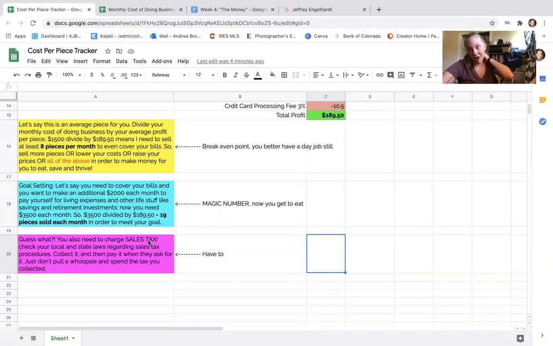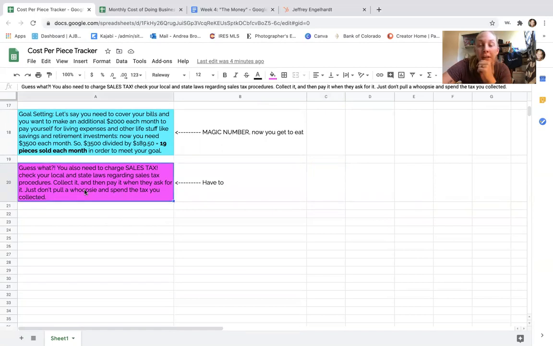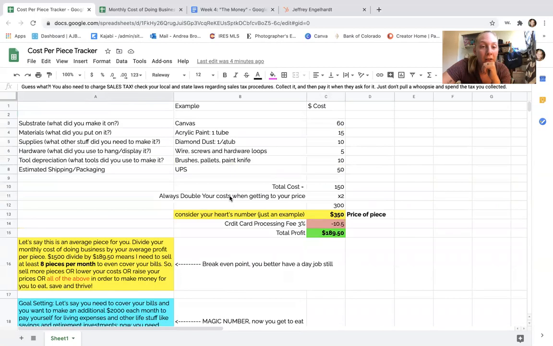Check your local laws, speak to an accountant. It's a pain in the butt, but you got to do it, okay? I'm not going to go real deep into that. If you have more questions, we can talk about that. Do not pull a whoopsie and spend all the sales tax you collected. Don't do that. Don't do that.